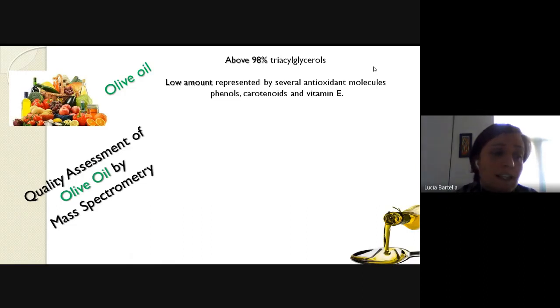But how can we assess the quality and safety of this product? Mass spectrometry is the most useful tool to address this task, because it allows us to obtain very sensitive and specific results in terms of identification, structural characterization, and also quantitative determination.